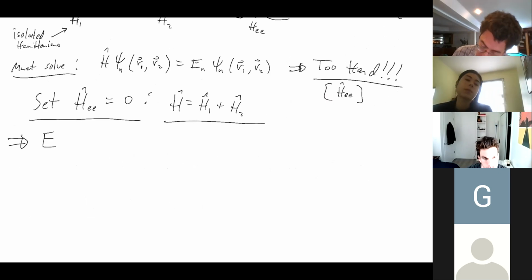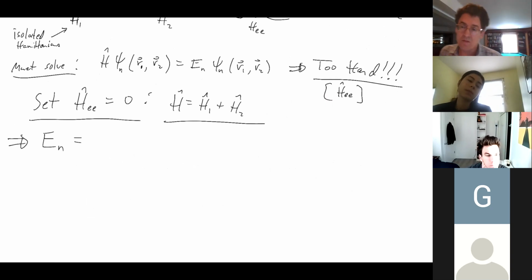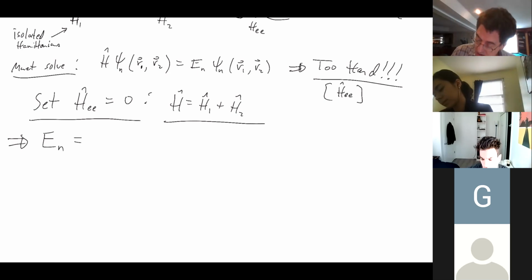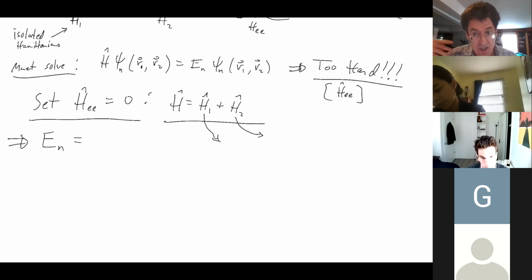What are the eigenenergies of this Hamiltonian, E sub n? Well, here's the trick. You look at them separately. What is the solution of Hamiltonian 1 separate from Hamiltonian 2? It's just one electron circling a nucleus. It's the hydrogen problem. What is the energy?